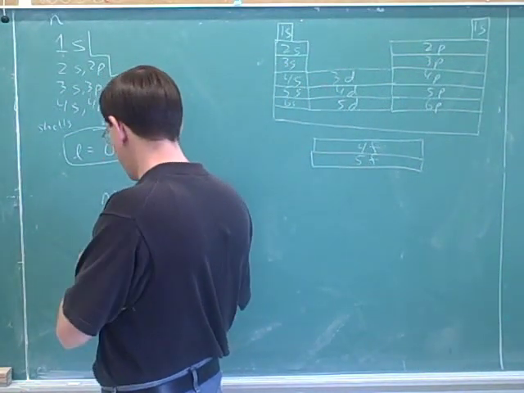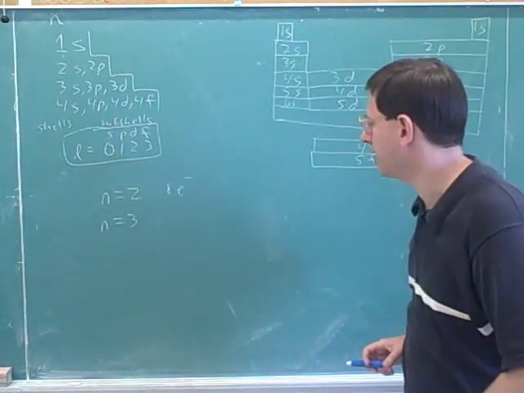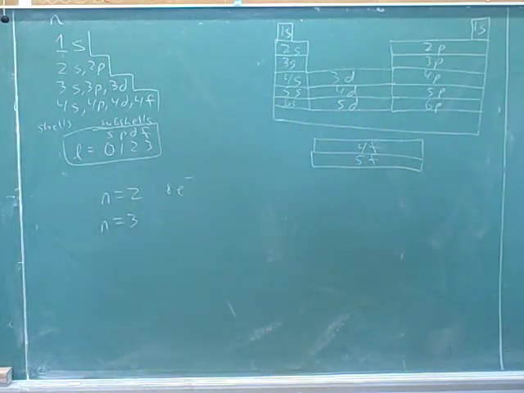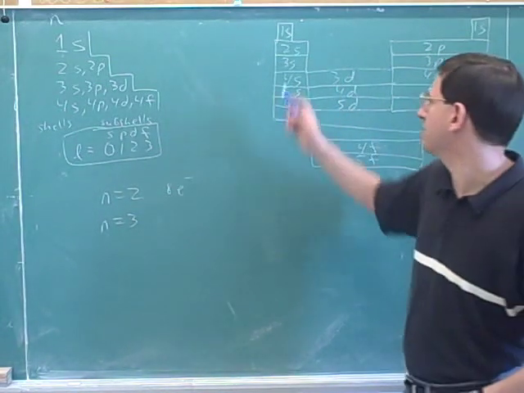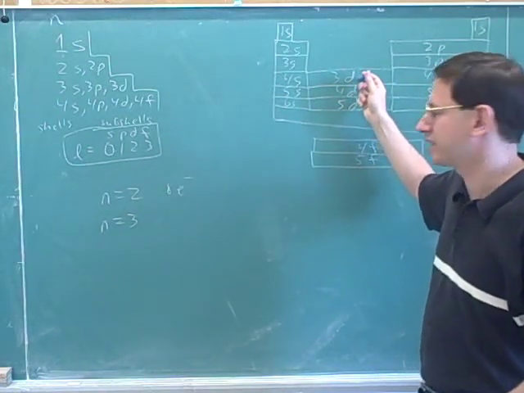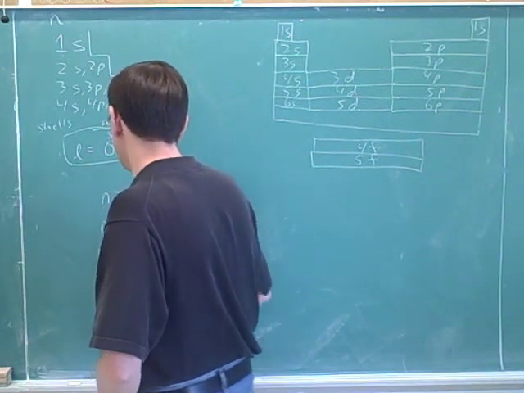How many electrons fit in the third shell? 18. How did you get that 18? Because it's 18 across. You can take the S and the P, which we already found were 8, and then there's 10 more in the D block. How many electrons would fit in the fourth shell?